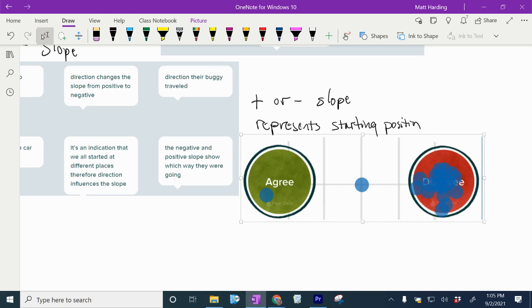Absolute value of the slope, I should say. We'll let it slide. All right. So right now I've got them ranked on absolute value of the slope.